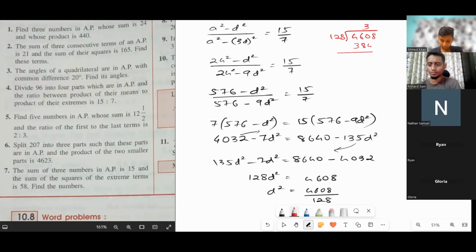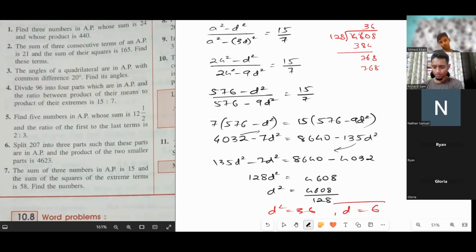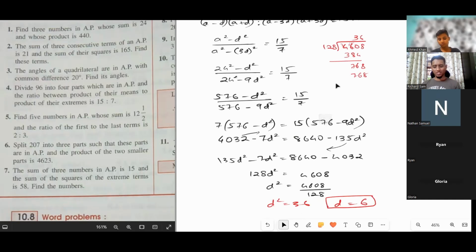Calculator. So 3, 1, 6, 15, 10. 10 minus 4, 6. 15 minus 8, 7. Bring down 8. 128. Okay, 6, 7, 68. Okay, so we get D square is equal to 36. Therefore, D is equal to 6. Okay. All right. I hope everyone's clear with this.